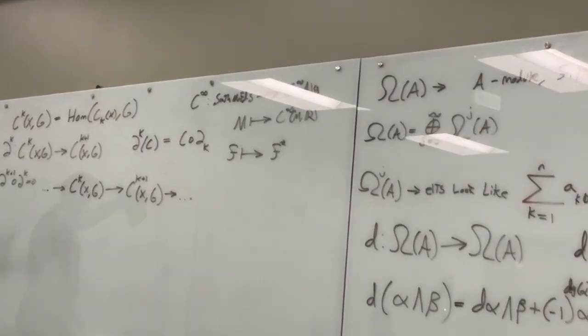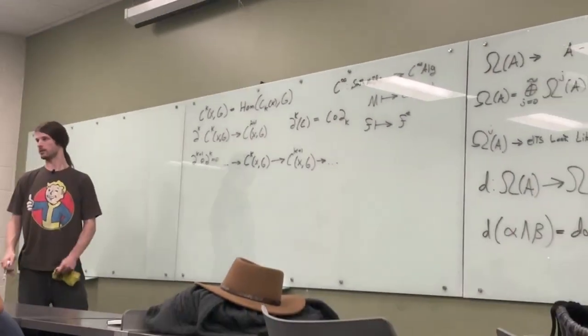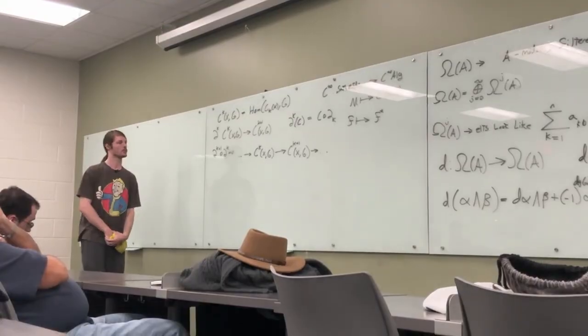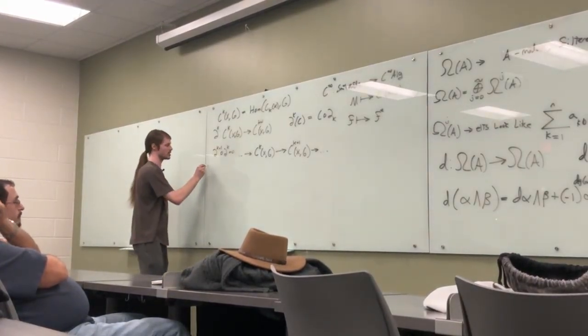So by composing C infinity with that omega there, we get what people usually call lambda, the typical Cartan-de Rham complex on a smooth manifold. All right, there we go. The stage is set.